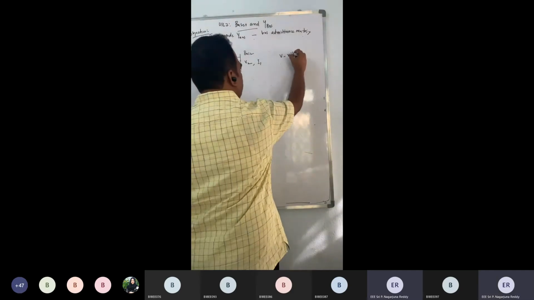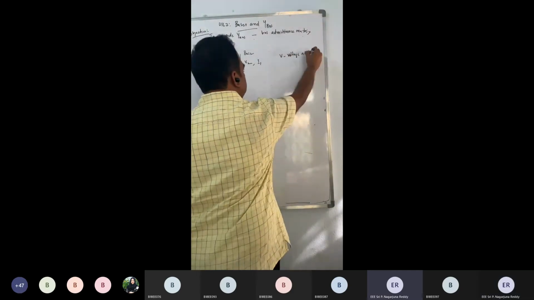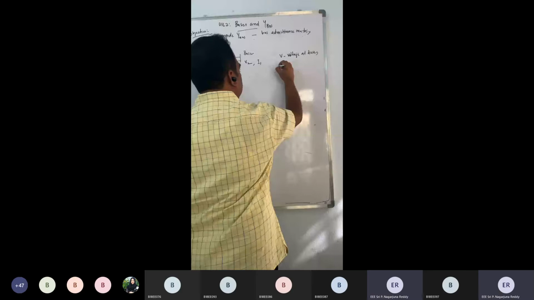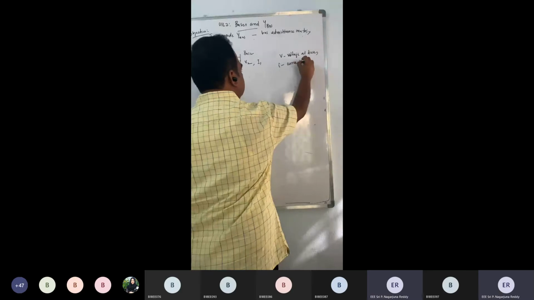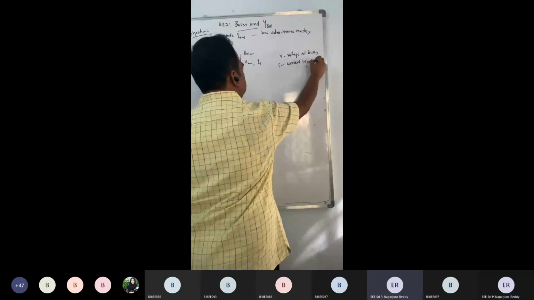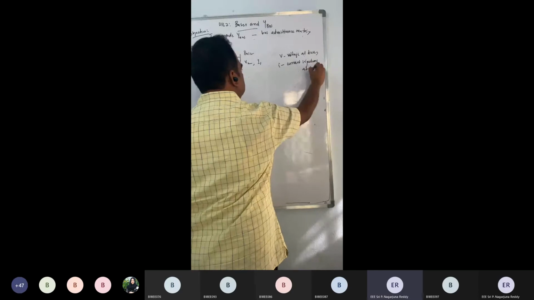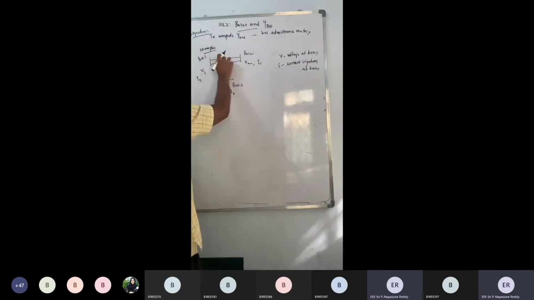V represents the voltage at the buses. I represents the current injections at the bus. And this is a transmission line, assuming that it is having a small value of admittance. It is Y12, in between bus 1 and 2.